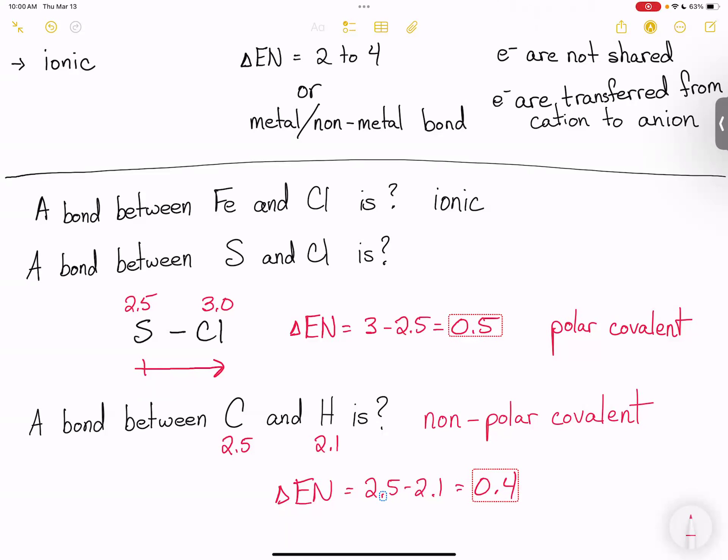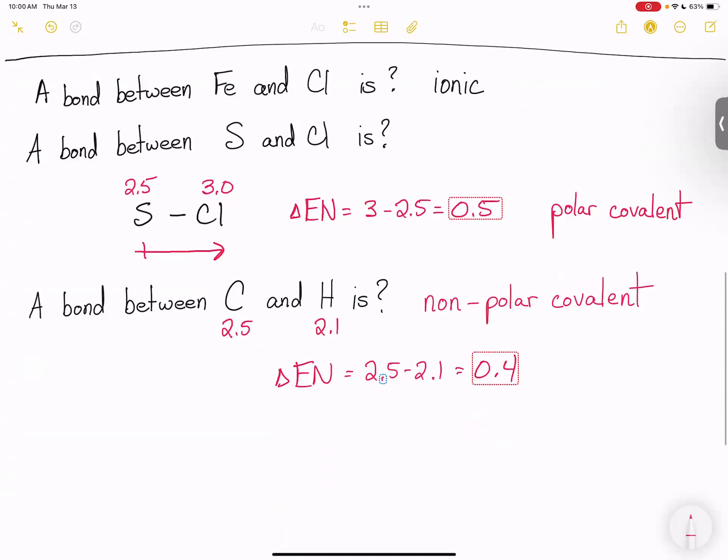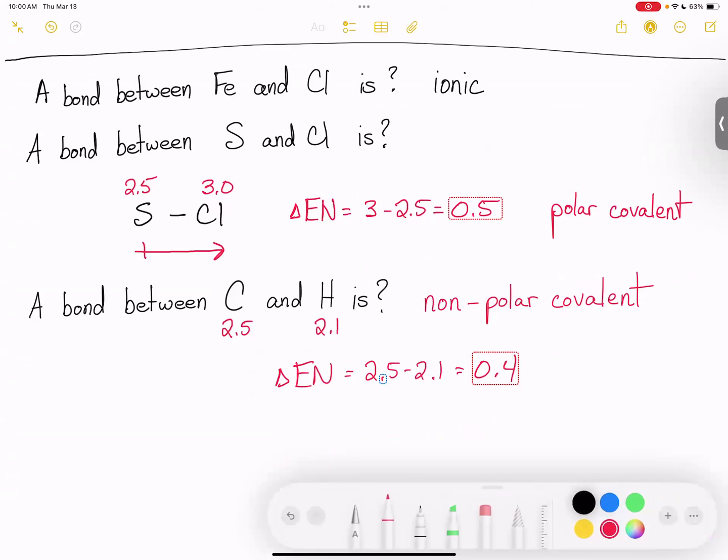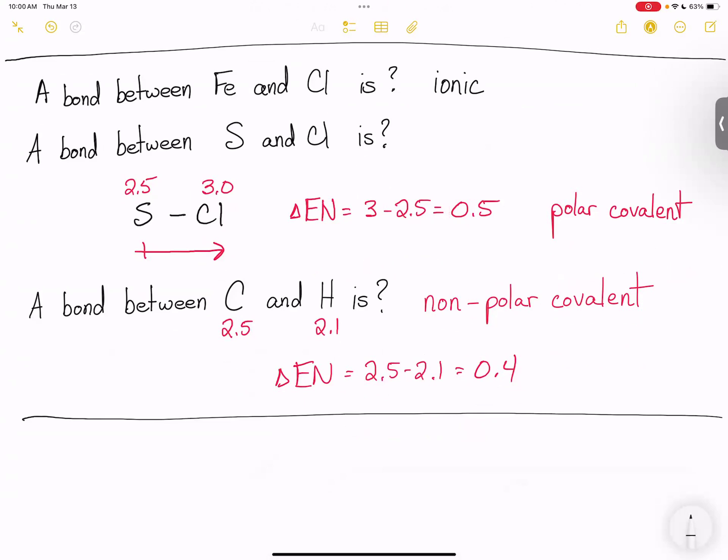So the next thing we are going to do is start to finish up our discussion about compounds. Specifically, we're going to get into the difference between formula mass and molar mass.